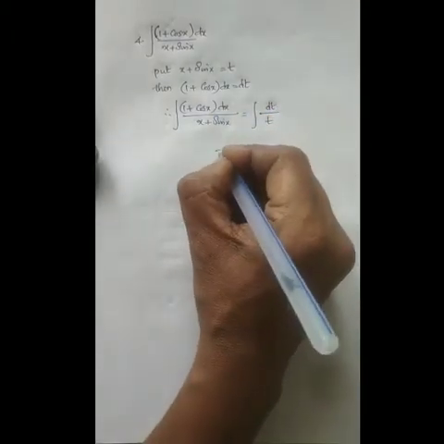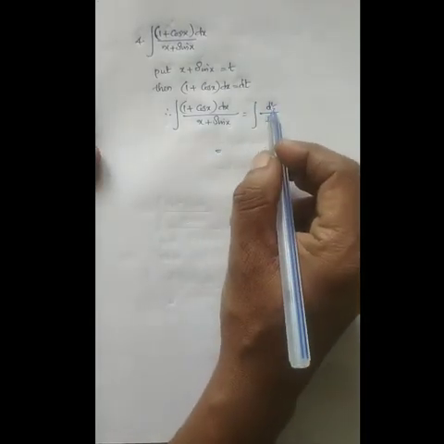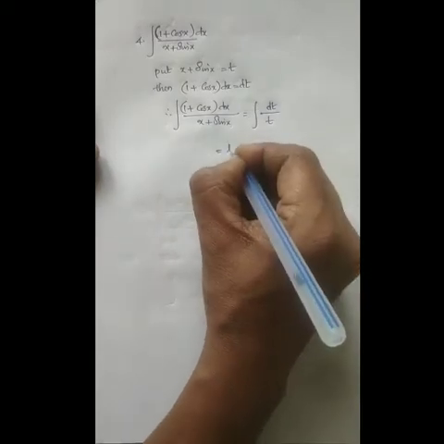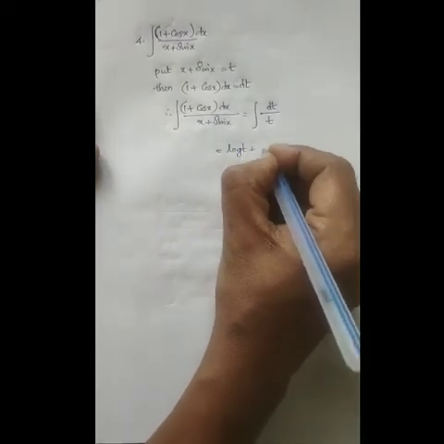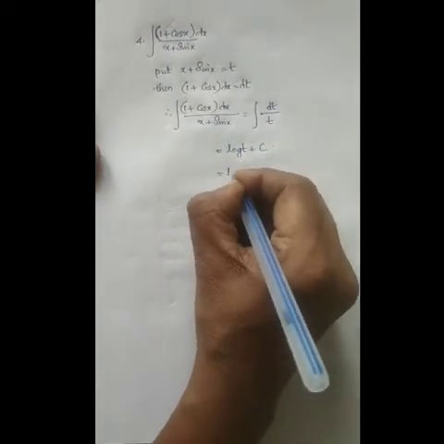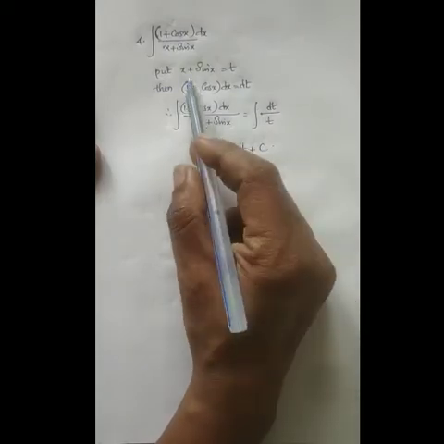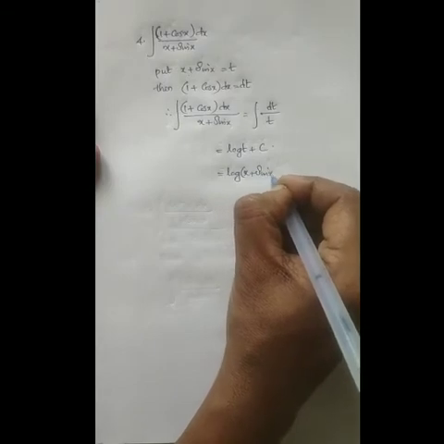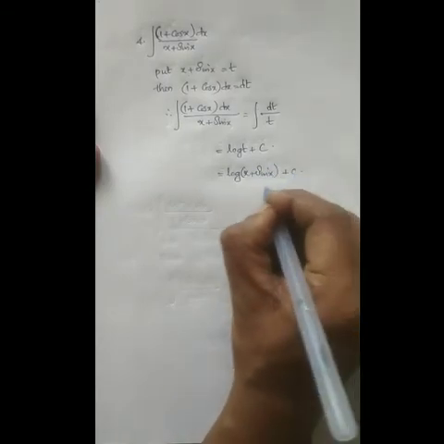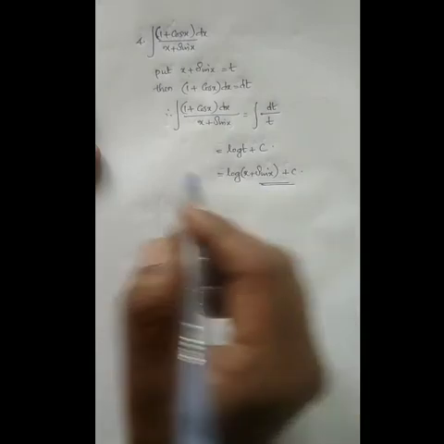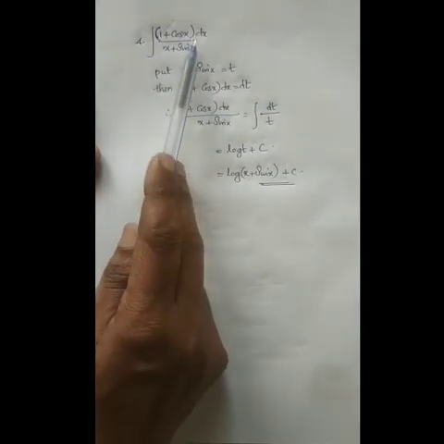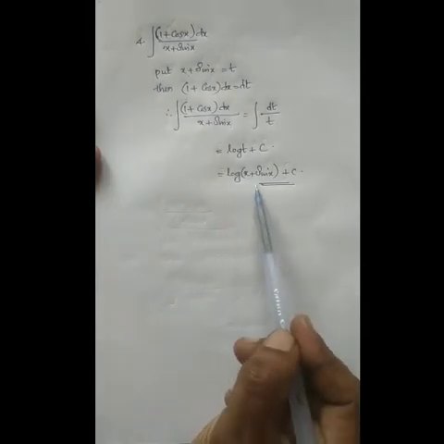Therefore, integral of 1 by t dt, and the integral of 1 by t dt is log t plus c, and t is what? x plus sin x plus c. Therefore, integral of (1 plus cos x) by (x plus sin x) dx is equal to log of (x plus sin x) plus c.